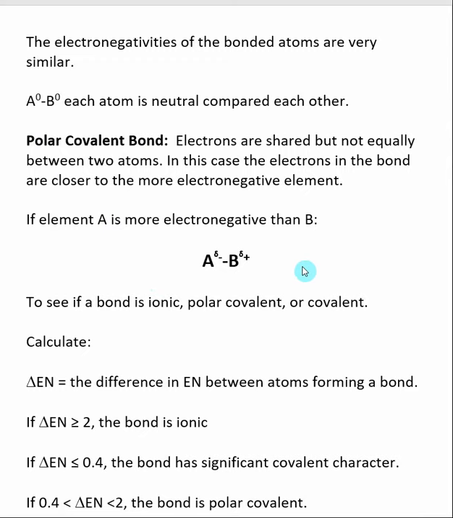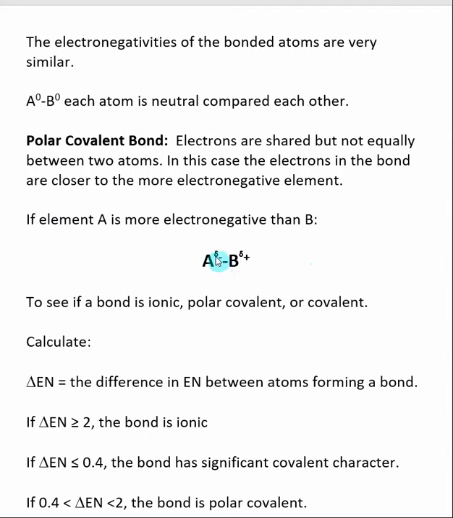What happens is the more electronegative element tends to pull the electrons slightly closer to itself, and in doing that it causes a separation of charge inside of the bond. Here, if we have a polar covalent bond between A and B, and I say that A is more electronegative than B, the electrons inside of this bond are pulled very slightly closer to A, and it gains a partial negative charge.